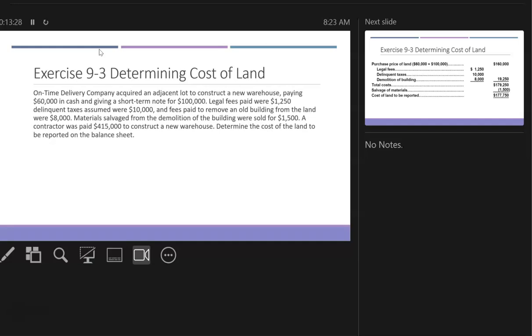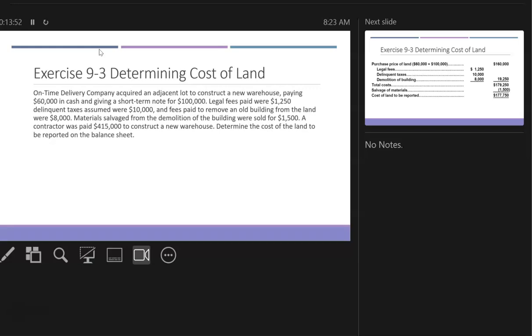Now, On Time Delivery Company acquired an adjacent lot to construct a new warehouse, paying $60,000 in cash and giving a short-term note for $100,000. Legal fees paid were $1,250. Delinquent taxes assumed were $10,000.